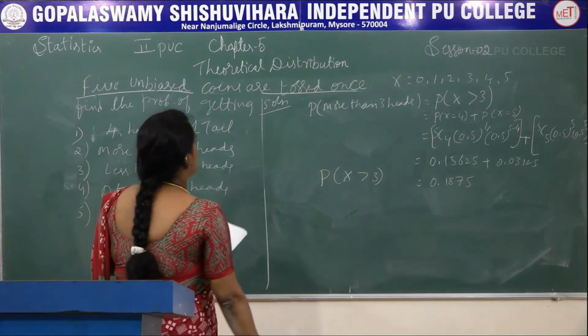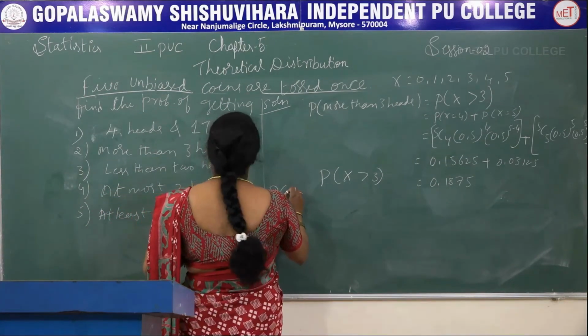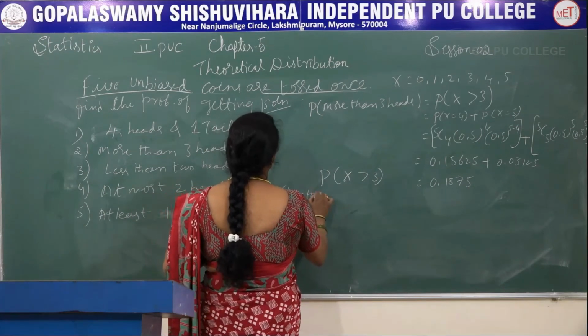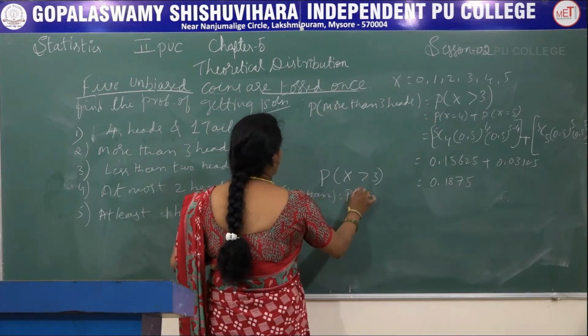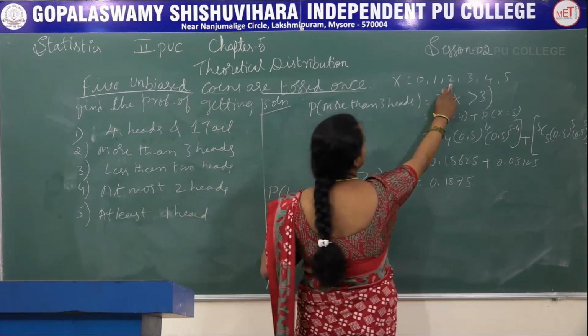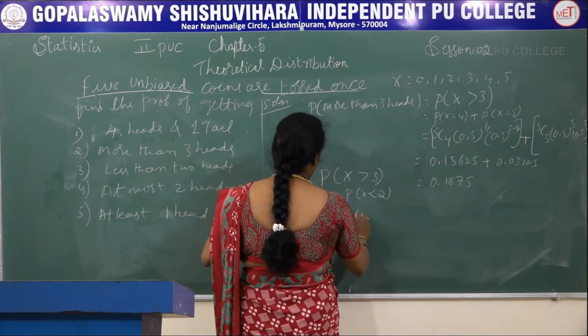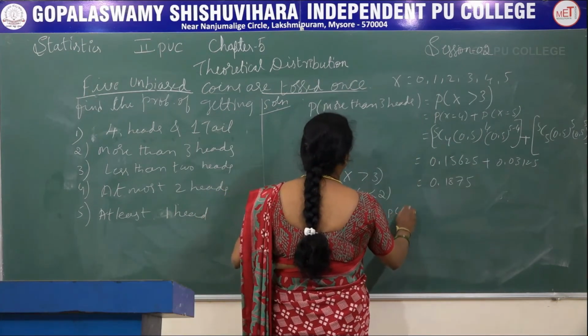Next, the third one: probability of x less than 2. This is P of x less than 2. Less than 2 means 0 and 1, so this is P of 0 plus P of 1.